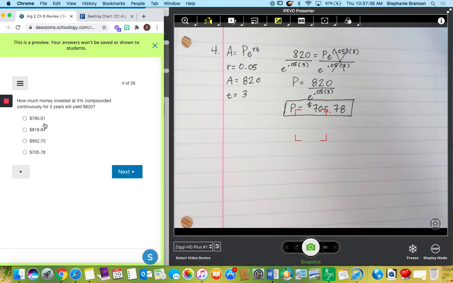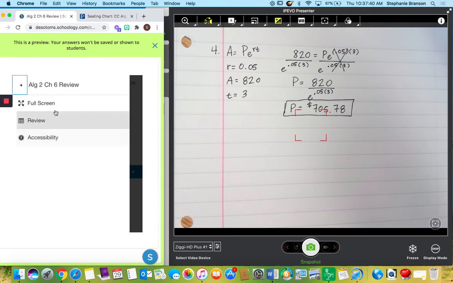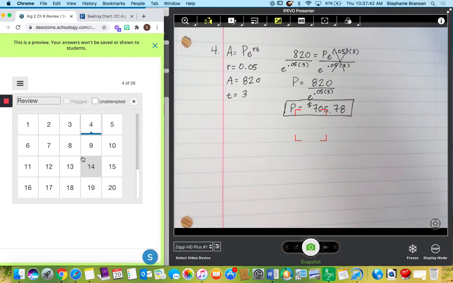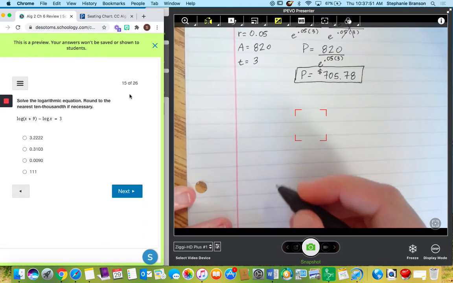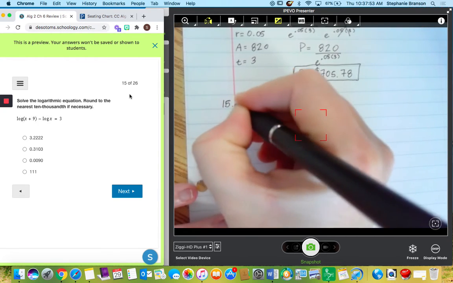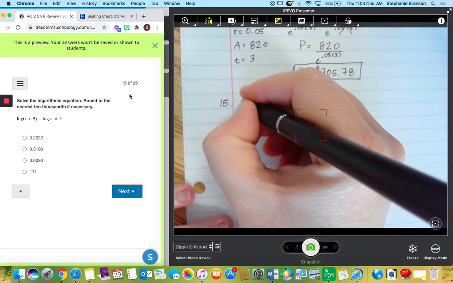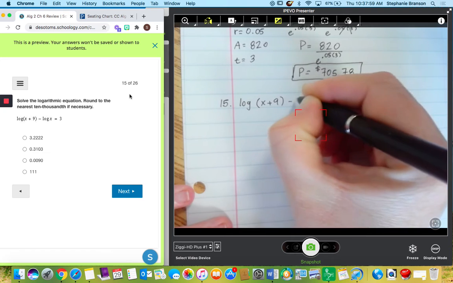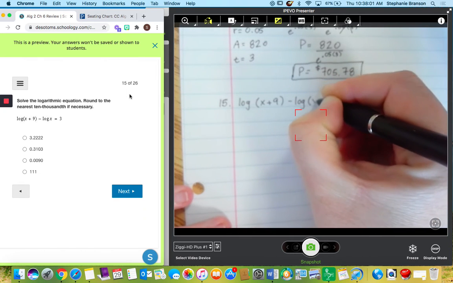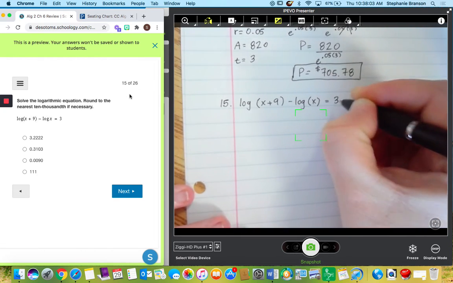All right, the next problem I'm going to work with you is problem number 15. Problem 15, we've got log of x plus 9 minus log of x is equal to 3.